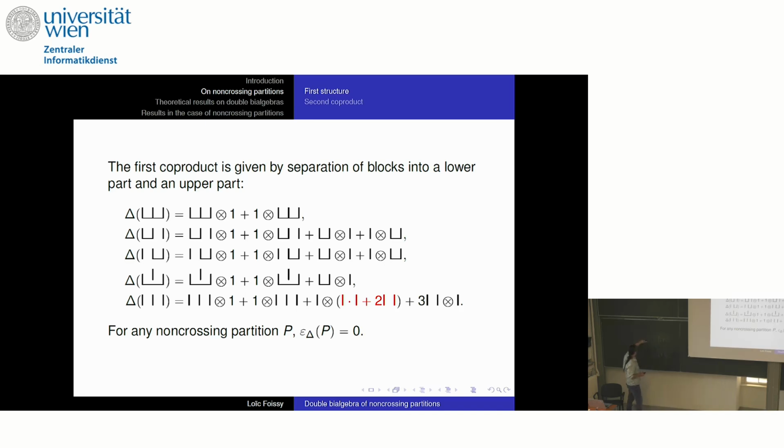I can choose to put these two blocks on the right, or these two blocks on the right. So for this, they are neighbors. They are not separated by any other blocks. So this will give you something like this.